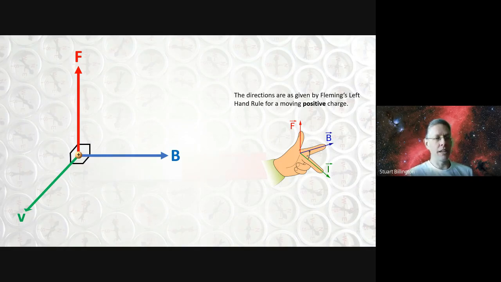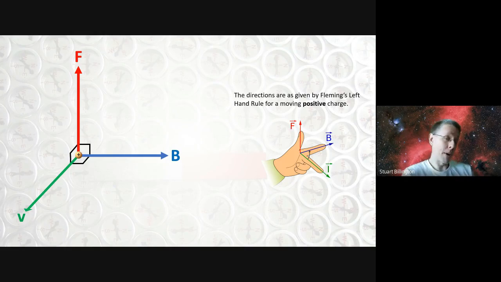So the idea here is that you would again take your left hand, move your fingers and your thumb into a right angle configuration. First finger field goes in the direction of B. Now current is the direction that positive charge flows in, so you just need to point your middle finger in the direction of the velocity component.